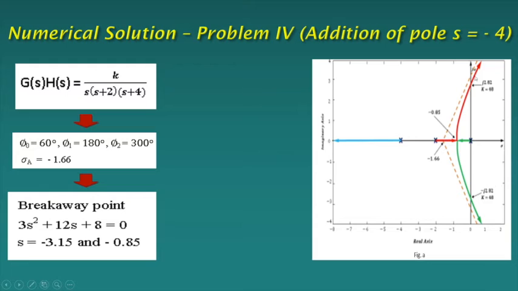From the centroid, draw the three asymptotes at 60 degrees, 180 and 300. And this point is the breakaway point. The root locus moves to infinity along this asymptote, and another root locus moves to infinity along the other asymptote.